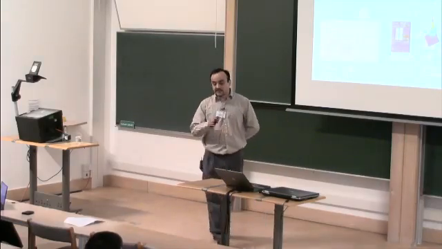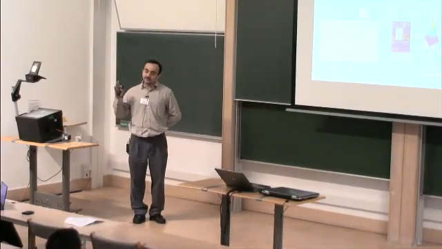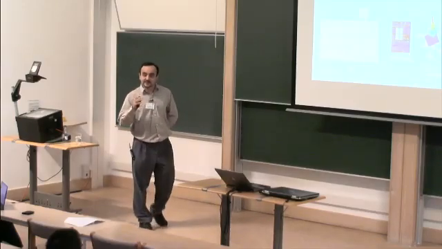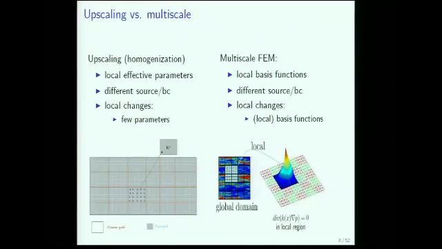So this multiscale method has similarity to upscaling. Still, there are certain features of upscaling. Upscaling goes back many years. Even Darcy's law is an upscaled law that I'd like to preserve here, and this is very crucial. For example, in upscaling, we compute local effective parameters that we reuse for any right-hand side, any source term or boundary conditions. So they're like effective properties of the media.